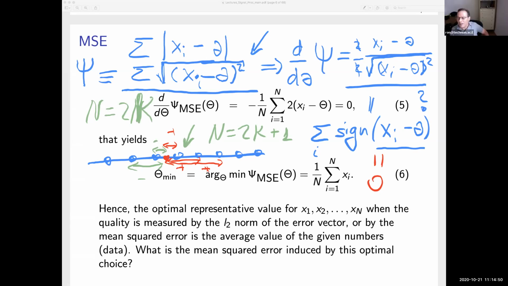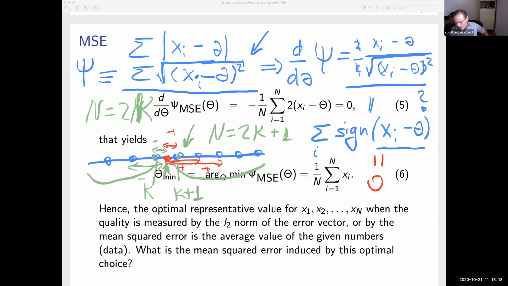Yeah, so Alexander said that I need to pick any point in the middle between the 2 points. If I would have k points here and k points there, in fact, selecting any point between the k-th and the k plus 1-th numbers would be a valid representative.